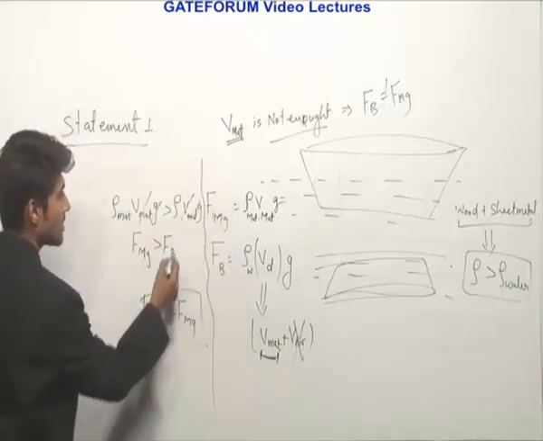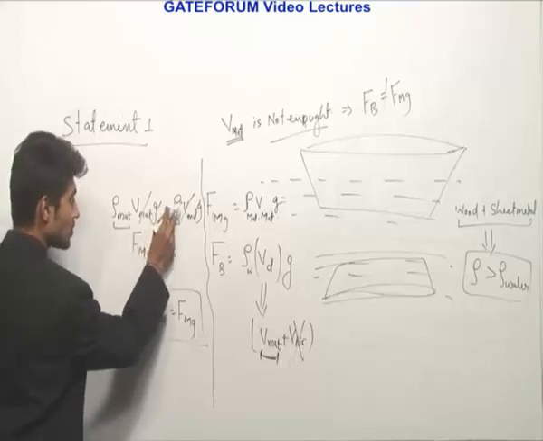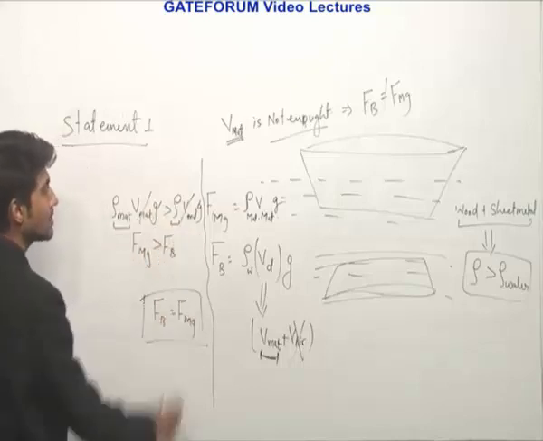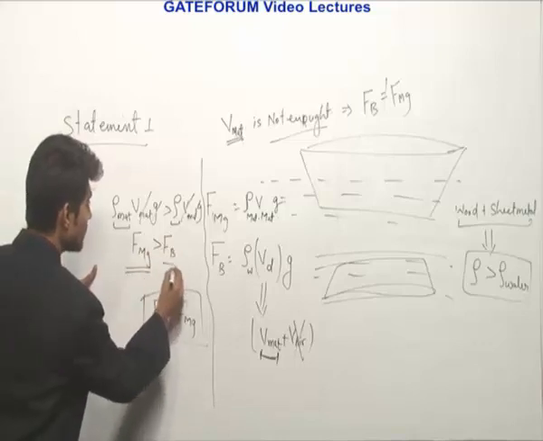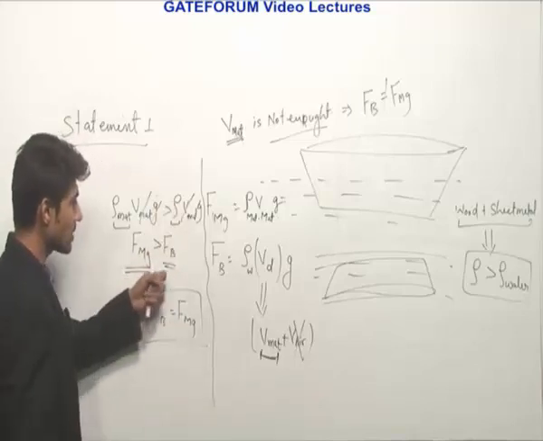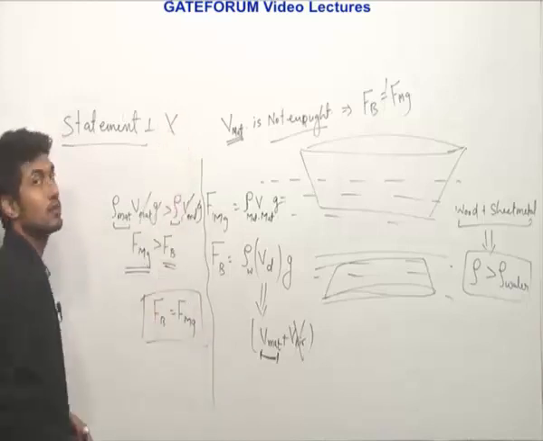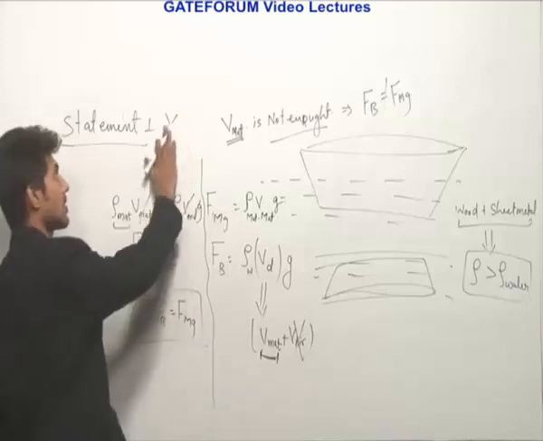These both quantities are the same, but as we know it is true that material density is greater than density of water, that means the gravitational force mg will be more than buoyant force. So statement 1 is correct, sorry.